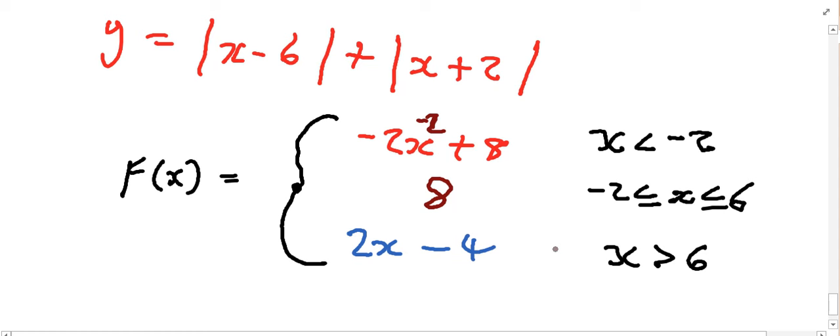Now let's look at where x is greater than 6. When you put 7, it's going to be 14 minus 4, which is 10. When you put 8, it will be 16 minus 4, which is 12.